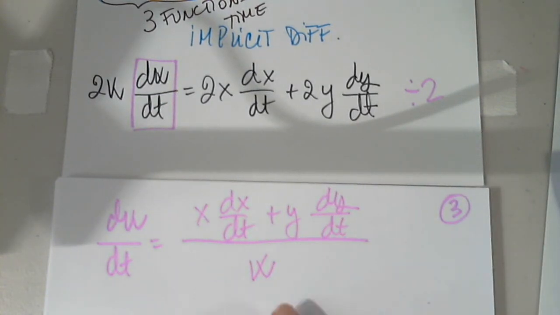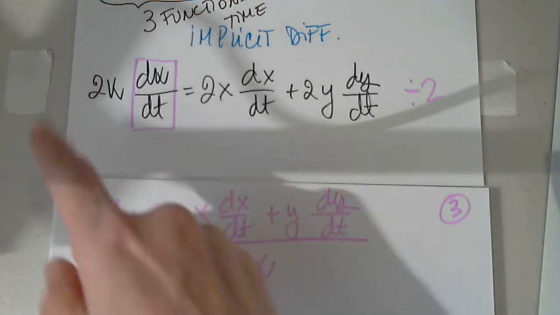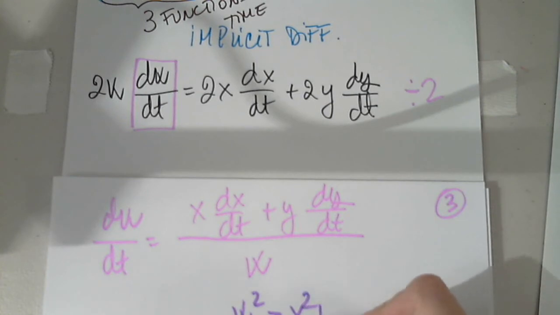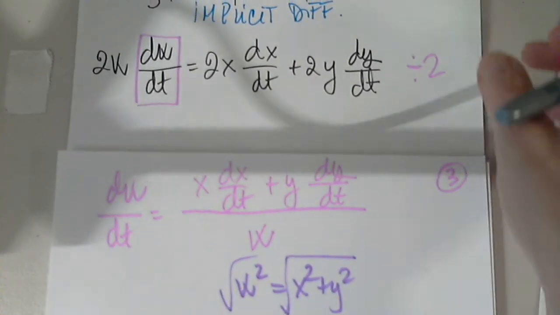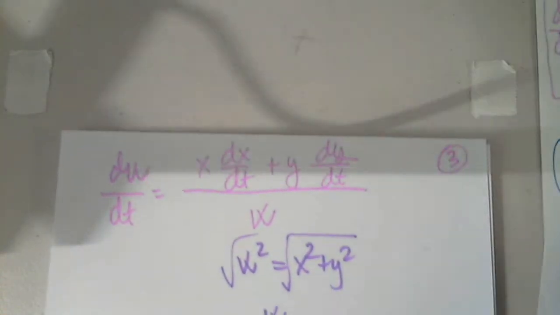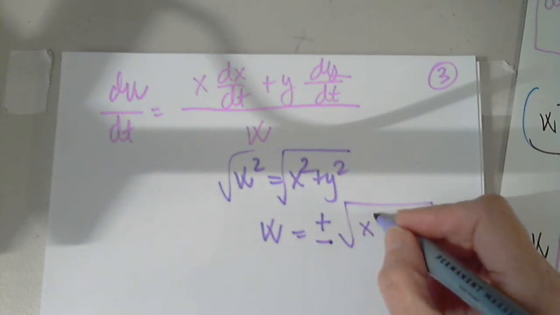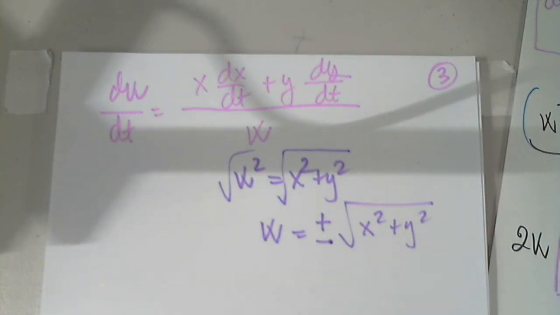And you could say you don't have the w. That's okay, because I'm going to take the square root. So from w squared equals x squared plus y squared, I will apply the square root to both sides, and I should write plus or minus the square root of x squared plus y squared, but this is a distance.